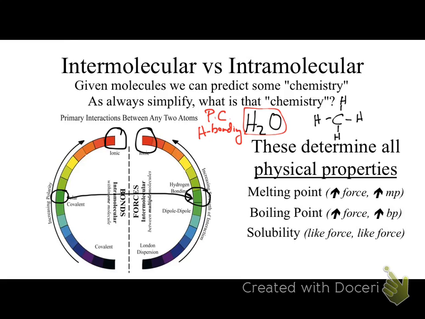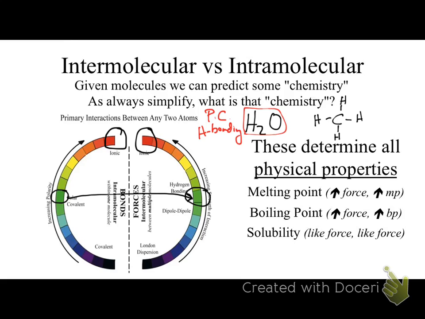Why do we classify hydrogen bonding as a separate class? It's more specific and it's usually stronger. Most hydrogen bonding interactions are a lot stronger than your dipole-dipole forces. Why? The difference in electronegativity is huge. You're picking the 3 most electronegative elements, and as far as organic is concerned, the least electronegative element. Okay? You're going to get a massive difference in electronegativity there.